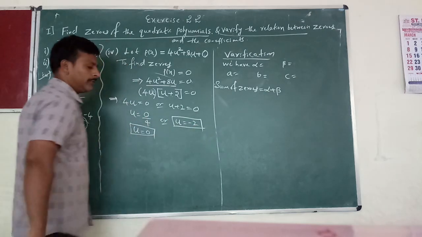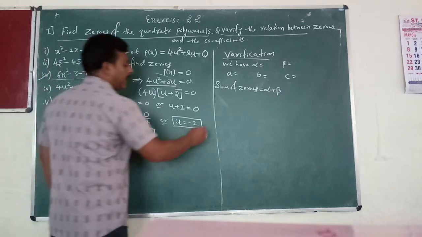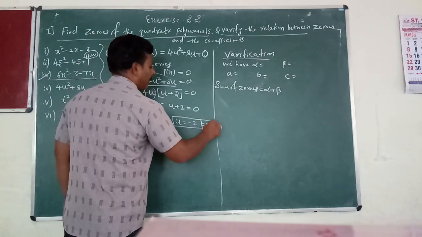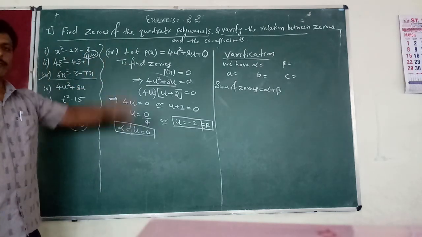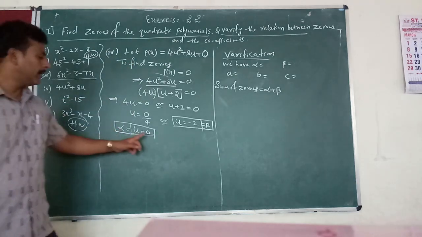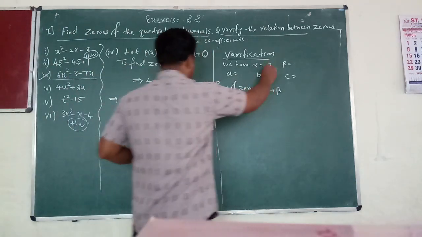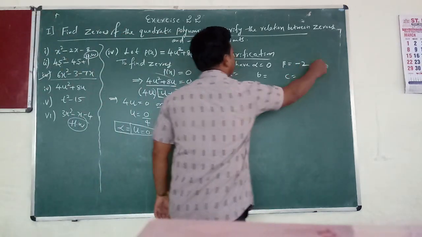So these are the two zeros. Let's take this one as alpha and this one as beta. These are our two zeros. Let's go to verification. Same as already written here. So alpha is equal to 0, beta is equal to minus 2.